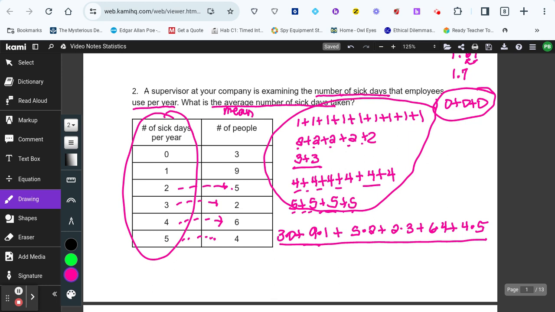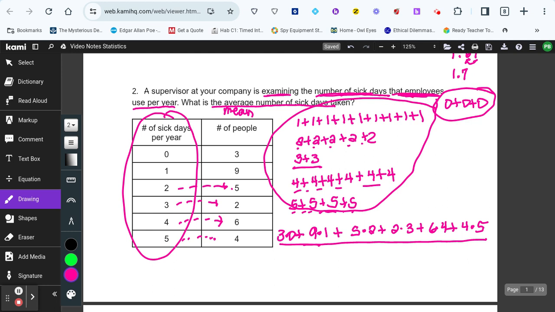So what do I divide by? I divide by the number of people that took the sick days, okay? So what I want to do is see how many of these employees, what the average is as far as the sick days they've taken. Because it says the supervisor is examining the number of sick days that employees use per year.